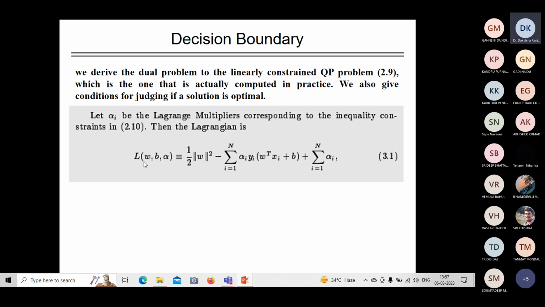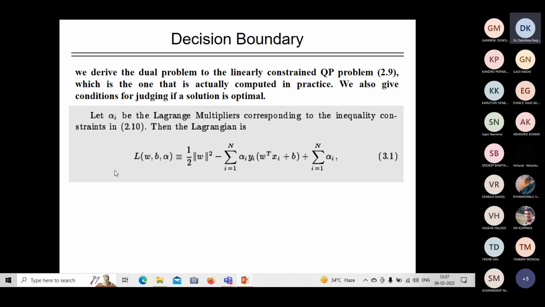First we will take the partial derivative with respect to w for getting the gradient of this Lagrangian expression, and then after having the gradient for w, we will get the gradient for b by defining the partial derivative del L divided by del b.